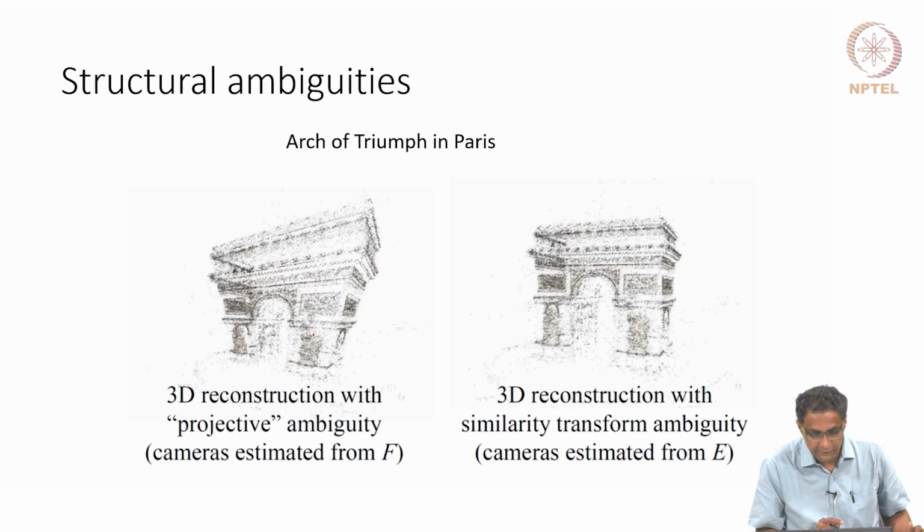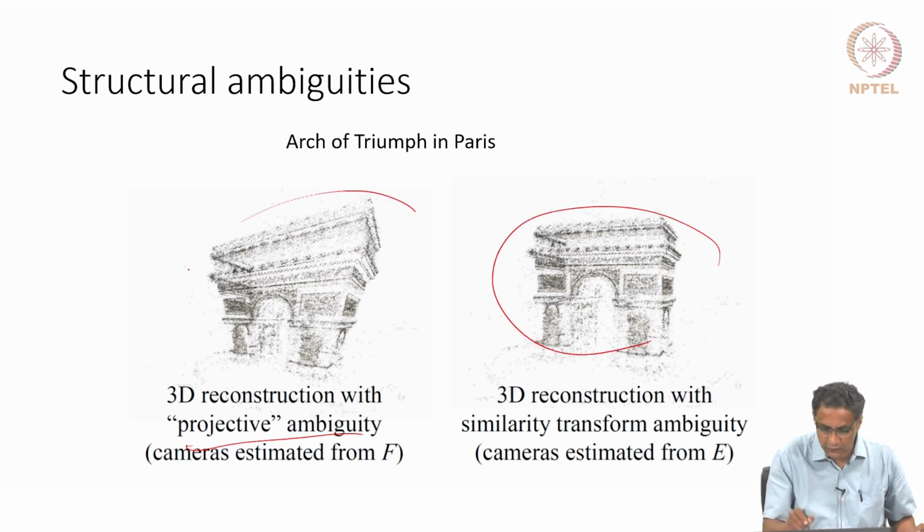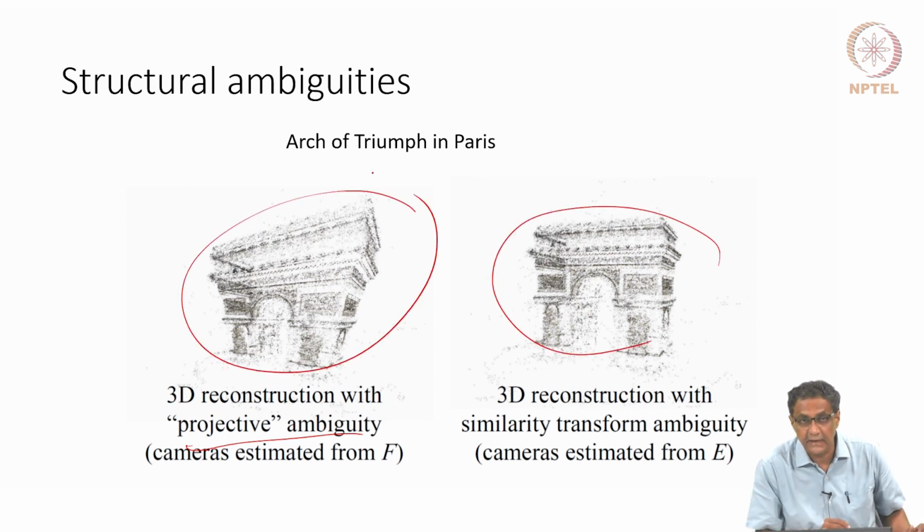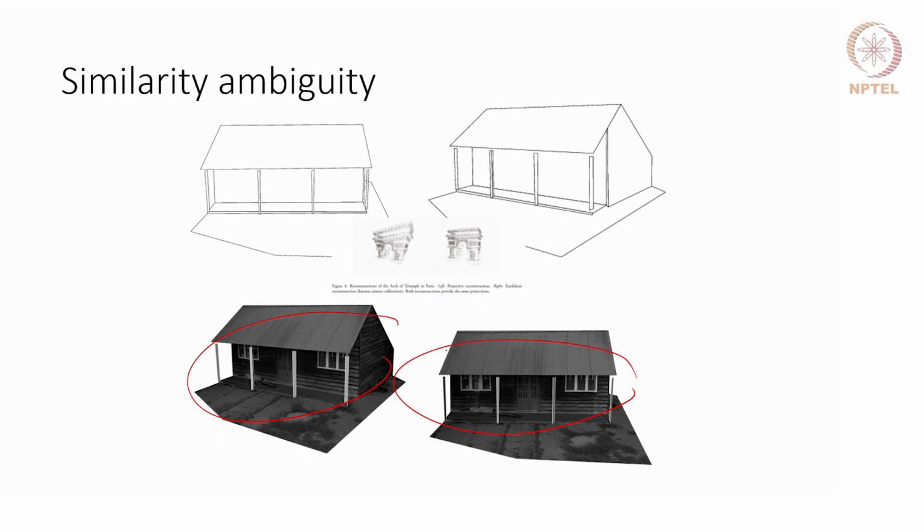You can also have a projective ambiguity, which basically means that something like this could look like something like this, and yet that is also equally valid. You cannot complain, because that's the ambiguity you have in the problem fundamentally. The previous one is saying that if you had an original structure like this, then all these are equivalent reconstructions.